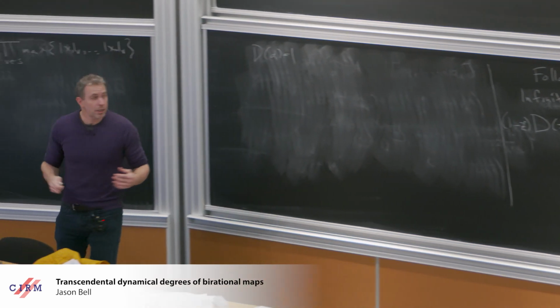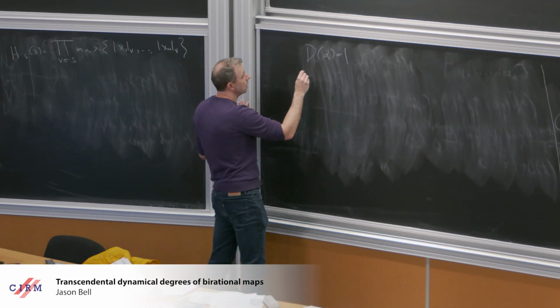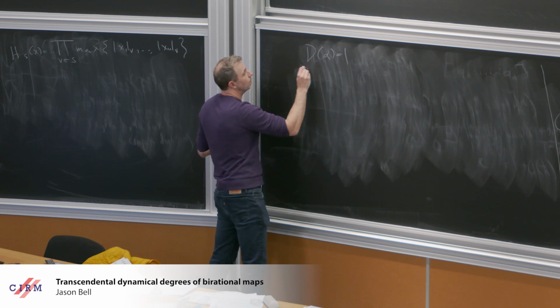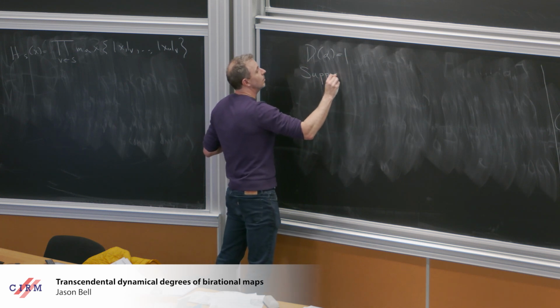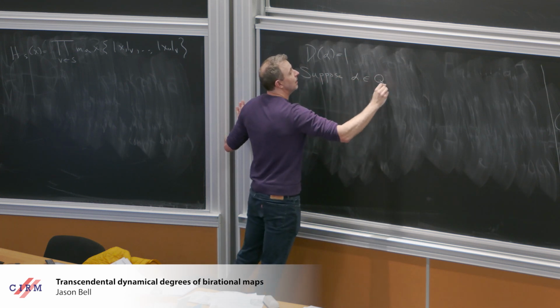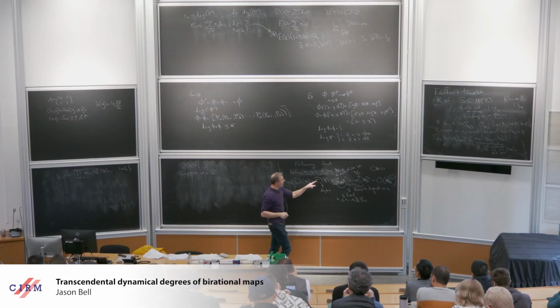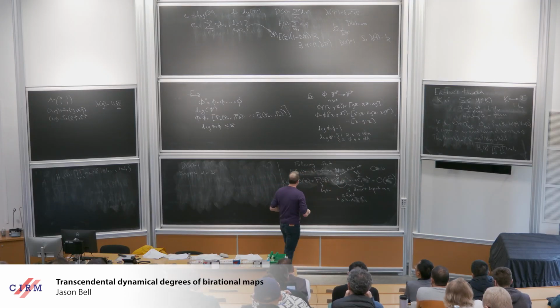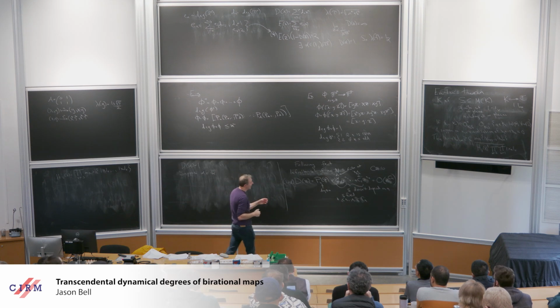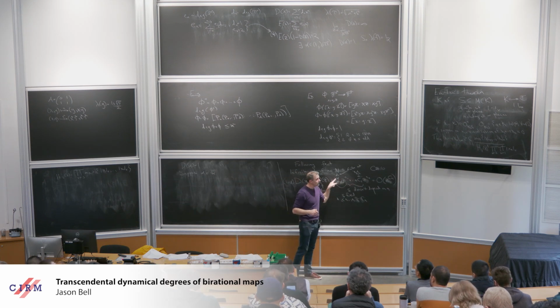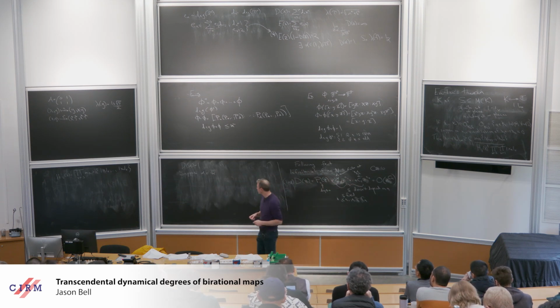How the proof is going to go is we're going to assume towards a contradiction that alpha is in Q-bar. Well, these c_i's are just algebraic numbers themselves. So I'm going to make a huge number field K that contains alpha and all these coefficients.